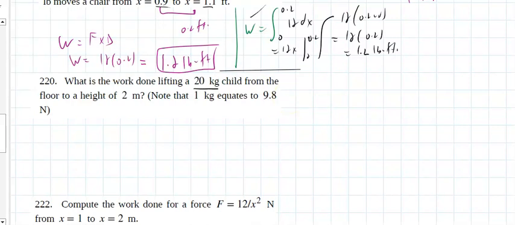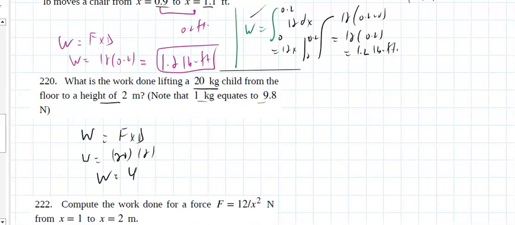What is the work done by lifting a 20 kilogram child from the floor to a height of 2 meters? Note that 1 kilogram is equivalent to 9.8 newtons. Well, here again, everything's fixed. It's not changing. So I could use that formula. You could integrate if you want from 0 to 2. That works as well. Work will be, the force will be in this case 20, and 2 meters.